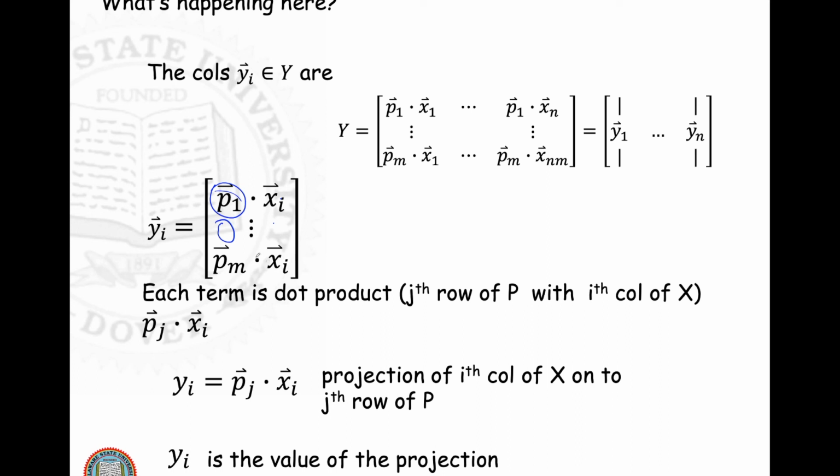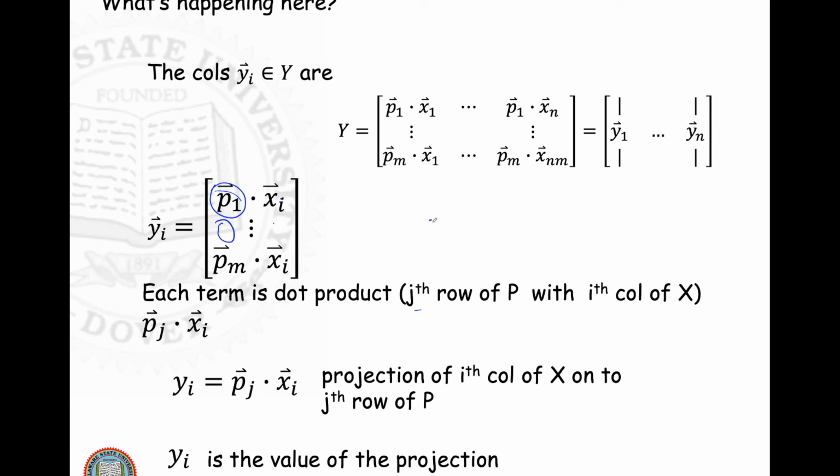And so essentially what we're doing, each term in Y is a dot product of the jth row of P with the ith column of X. Okay. And so we can express that in vector form as Pj dot with Xi. And so essentially what we're doing is we're making a projection. That's what dot product does.